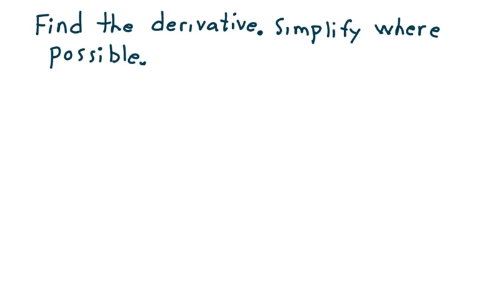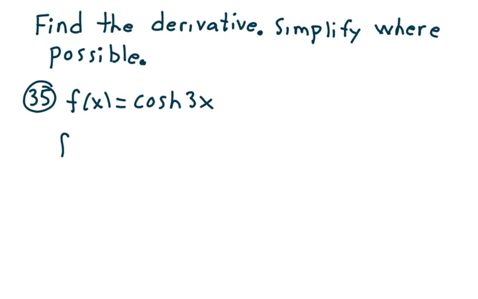Okay? And with that, we're going to take a look at 35. So on 35, we have f of x is equal to cosh 3x. And I want to find f prime of x.